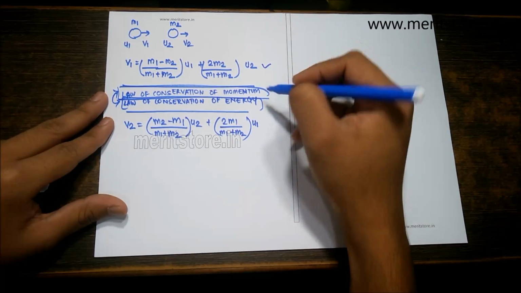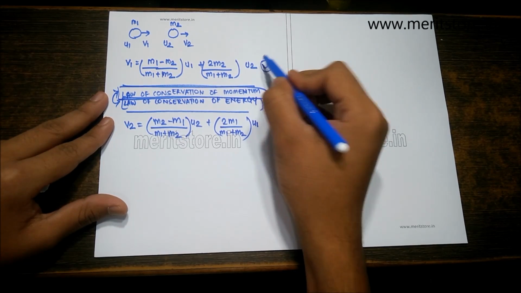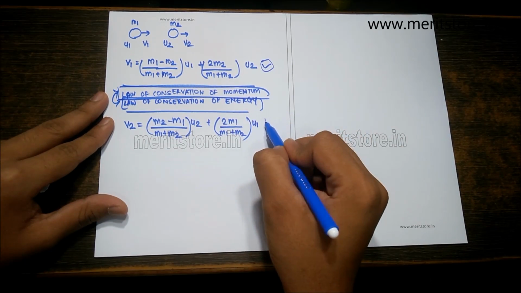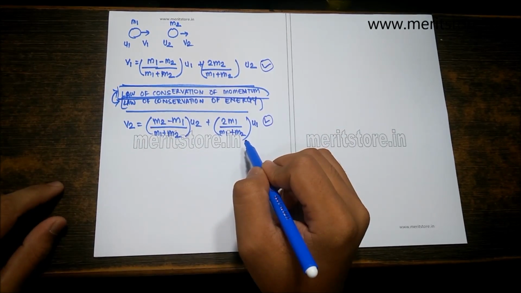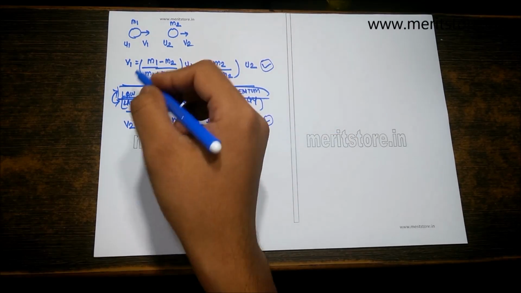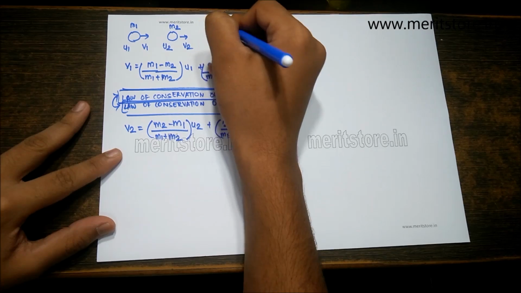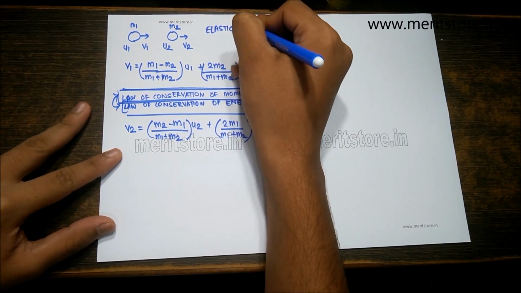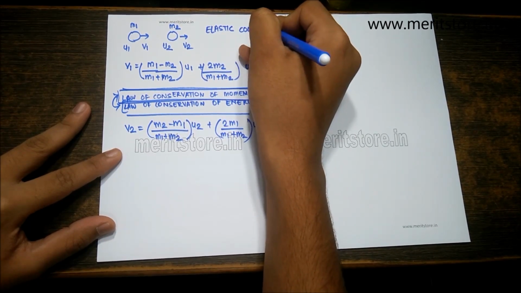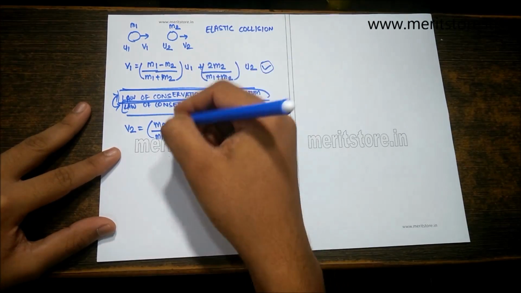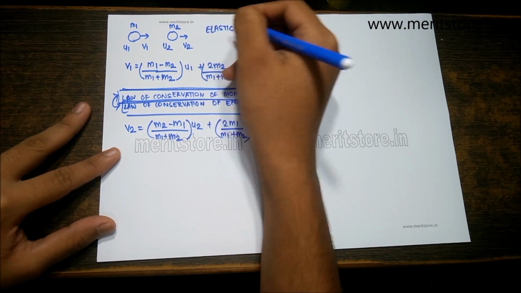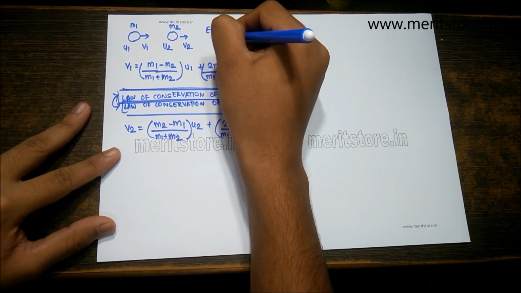So this is the final velocity of my first body, and this is the final velocity of my second body. These are the velocity values after an elastic collision takes place in one dimension. These values are very important when you're solving numericals in one dimension.